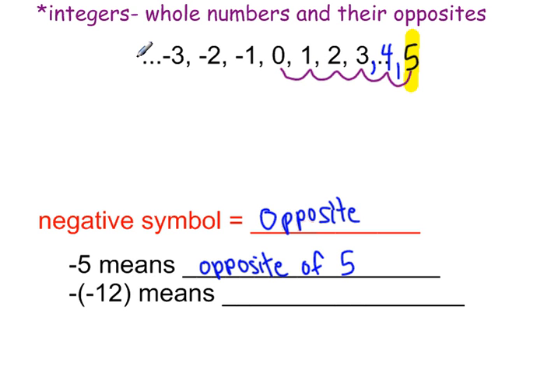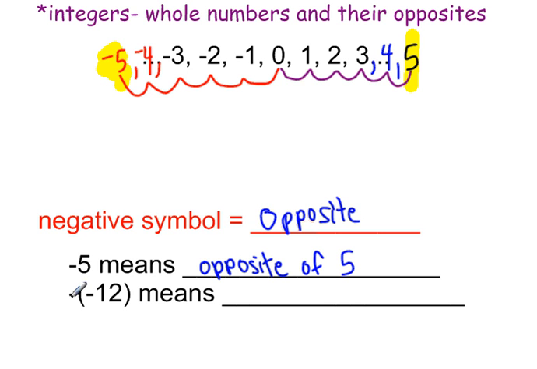Well, what's going to be 5 away on this other side? Well, it's going to be -5. -4 here and -5. 1, 2, 3, 4, 5. So those two numbers are called opposites.